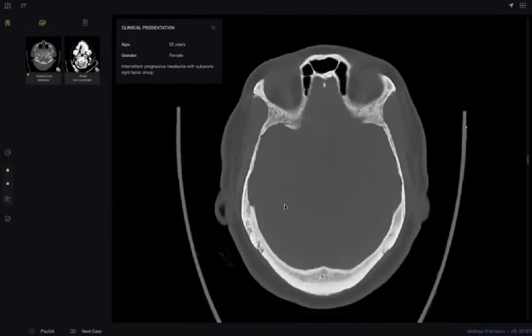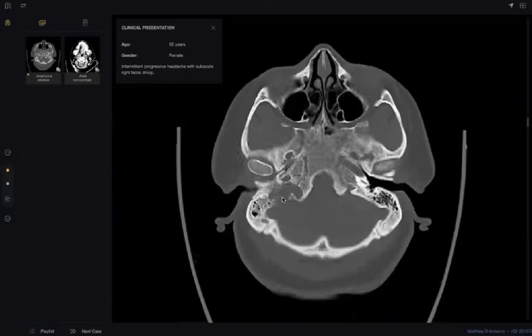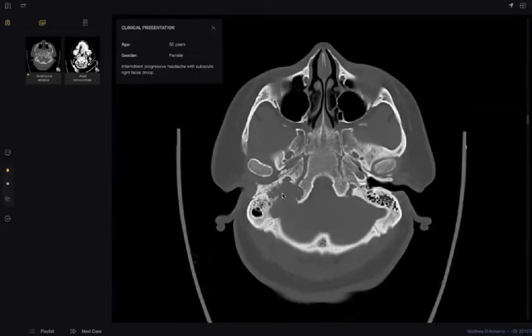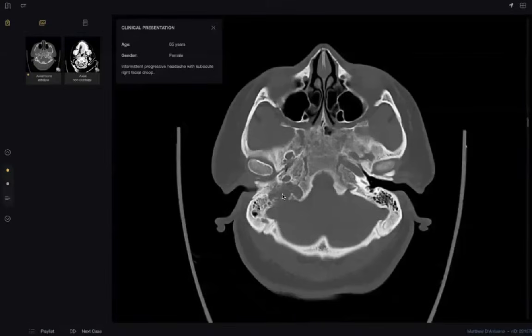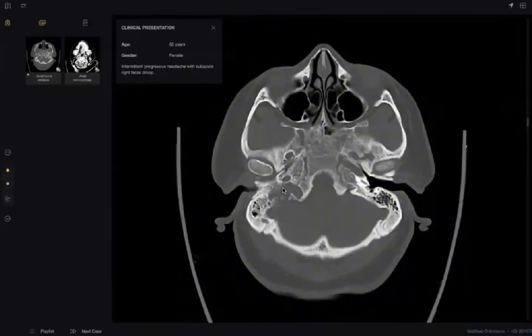So this lesion seems to lie predominantly at the region of the jugular fossa, causing adjacent bone destruction. The carotid canal on that side appears normal.